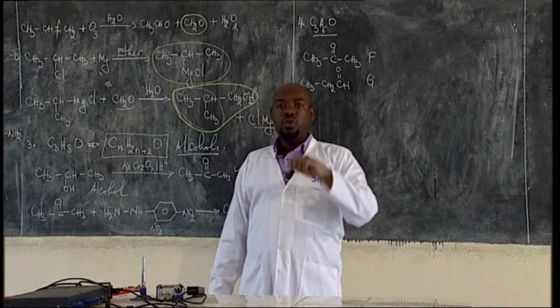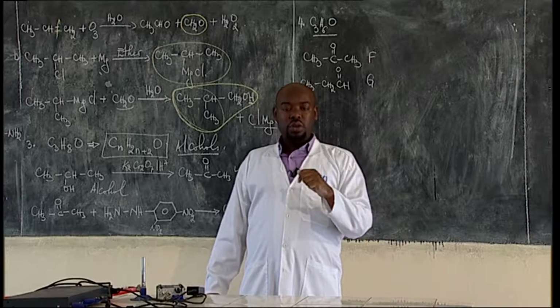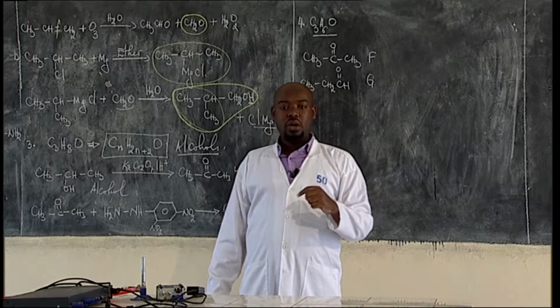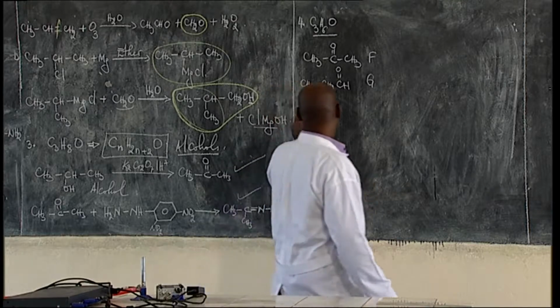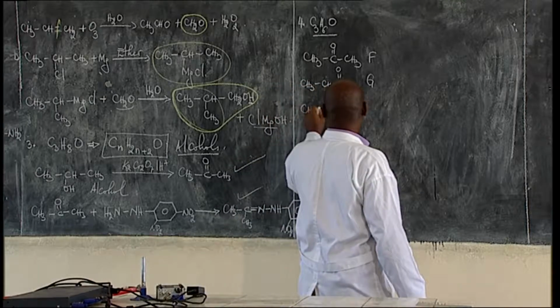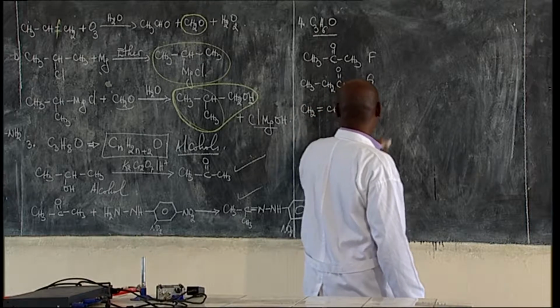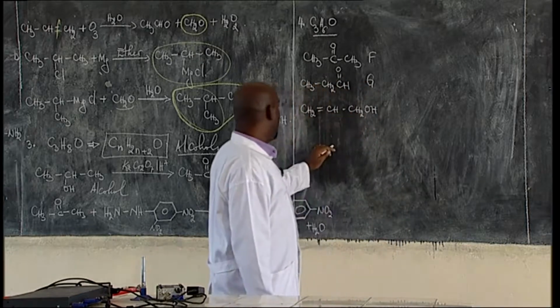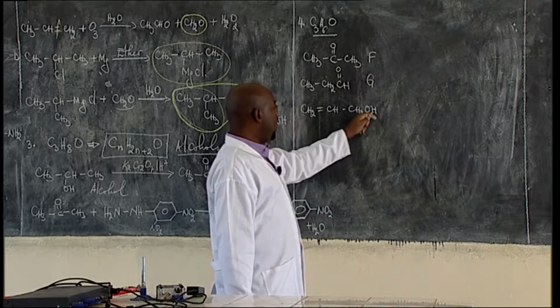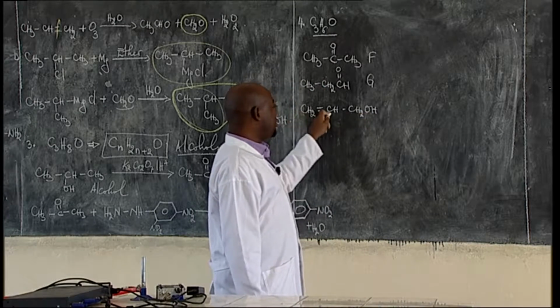Now we have to draw the alcohol. So the alcohol will be this one, CH2=CH-CH2OH. Why is it like this? Why can't we have the OH on this carbon or this carbon?